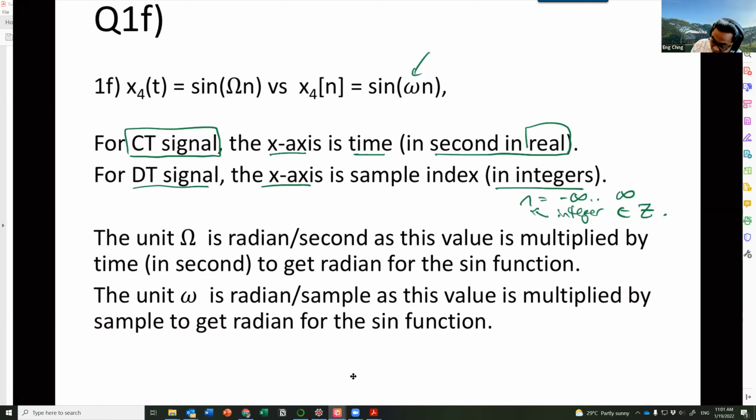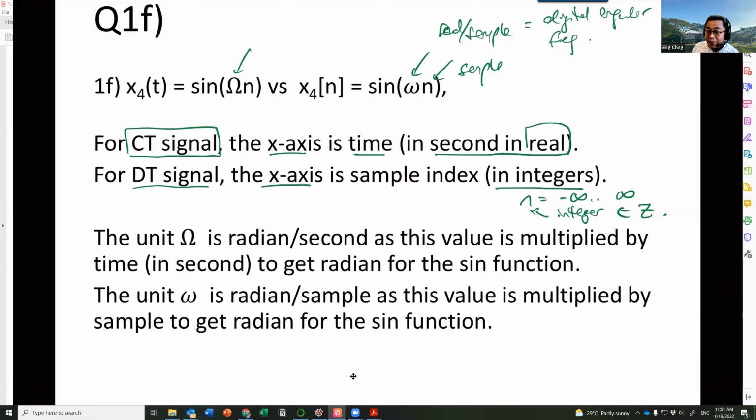This is in sample index 1, 2, 3, and omega is radian per sample. Small omega has a name. It is digital angular frequency. Means at every step, I'm making how many radian per sample. The other guy is every second, how many radian? Radian per second.